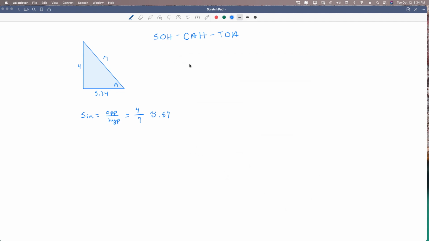All right, so let me do the cosine. So the cosine is equal to the adjacent over the hypotenuse. So the adjacent side for here is going to be 5.74 over the hypotenuse of 7.